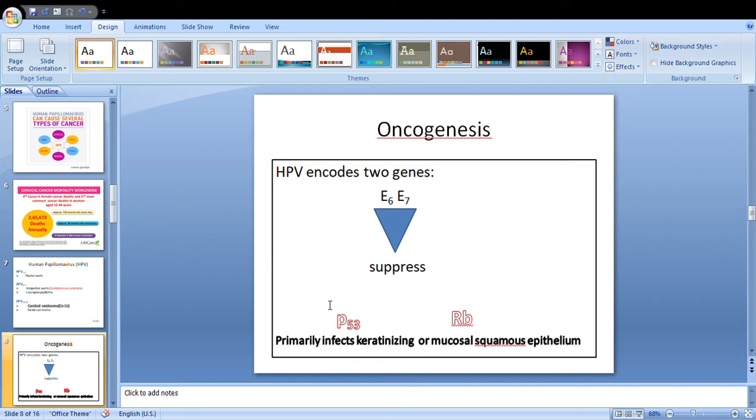The important thing to note is that the human papillomavirus primarily infects the keratinizing or mucosal squamous epithelium anywhere in the body. So it infects the skin as well as the mucosal surfaces.